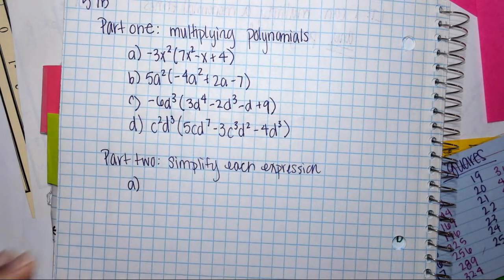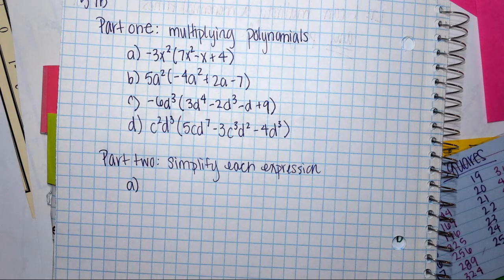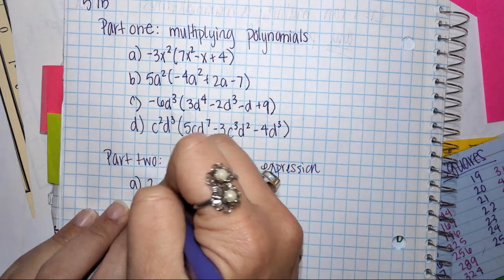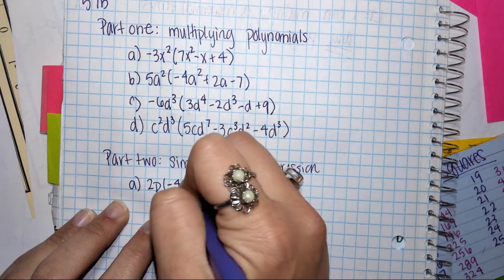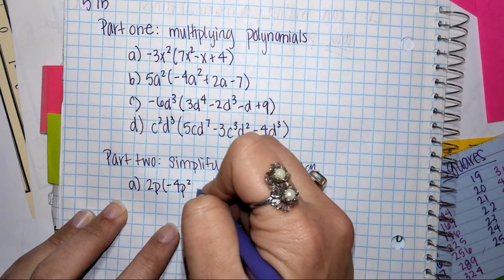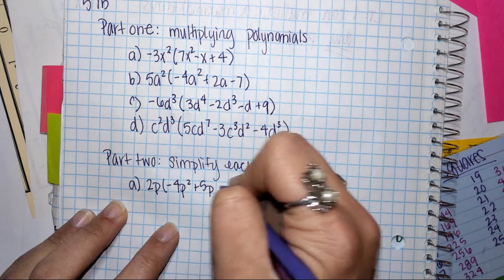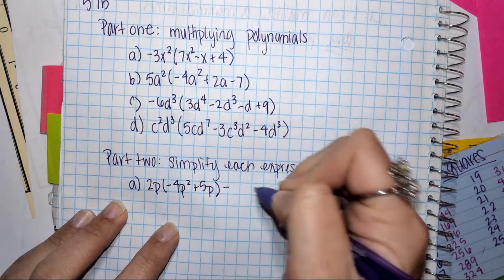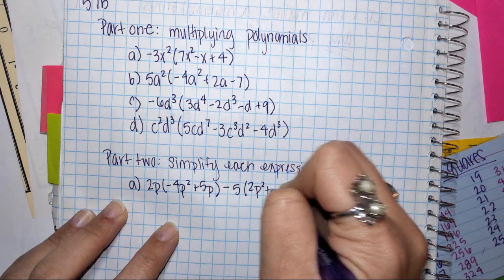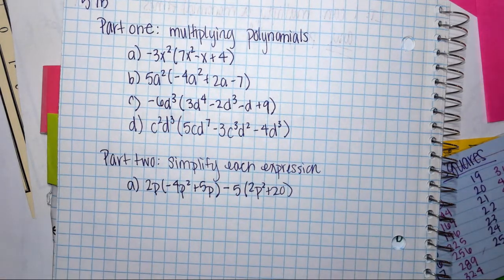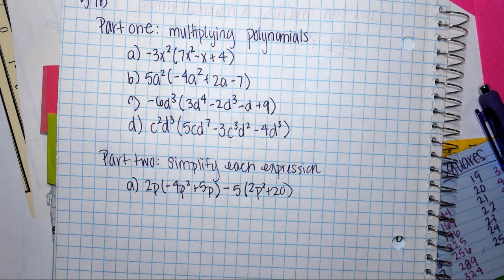Because I know that at least one person is going to say, I don't know how to do this. Alright, so this one is the one we're going to do together.